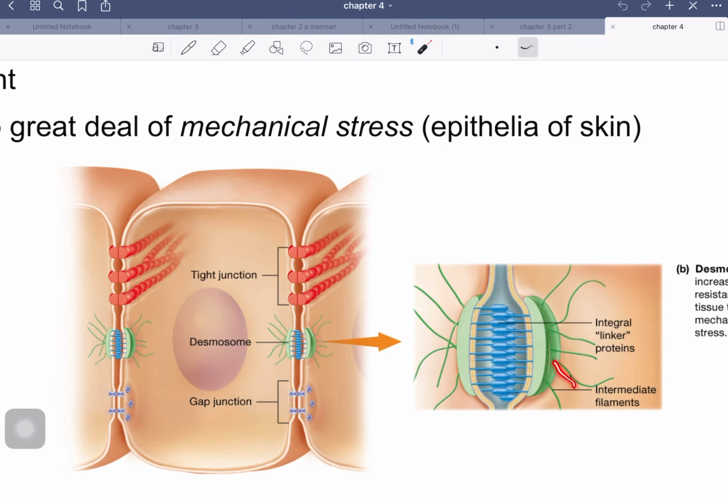We have these intermediate filaments, we have this plaque area here, and then we have a number of cell adhesion molecules that are sticking out. Think of it almost like a little Velcro area. Up here, you can see tight junctions go right around the periphery of the cell where they interact, whereas desmosomes are only little patches. So there'd be one here, but between these two cells, there wouldn't necessarily be one there. So material could get around that way.